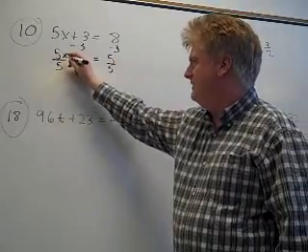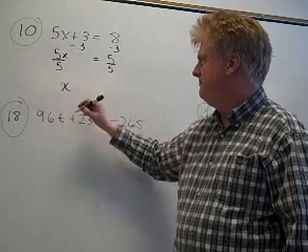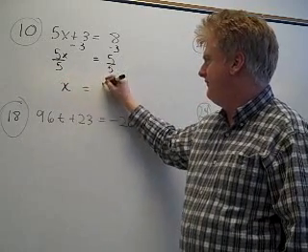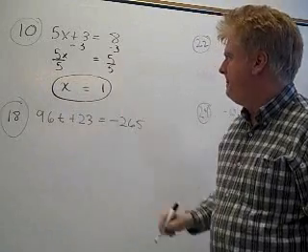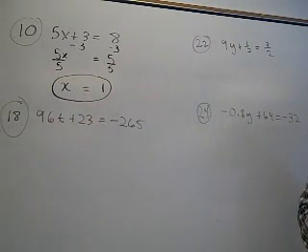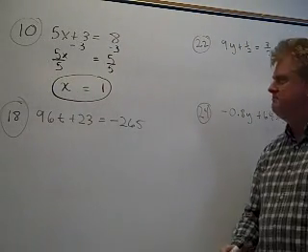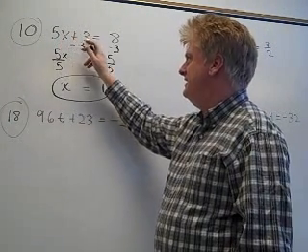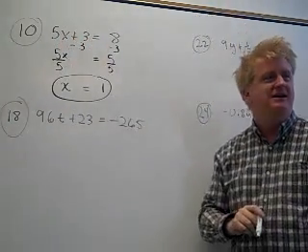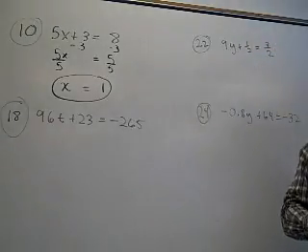And what we're left with is x equals 5 over 5, which is just 1. And then our last step is to check it and see if it works. 5 times 1 is 5, plus 3 equals 8, and that ends up with a nice balanced equation.